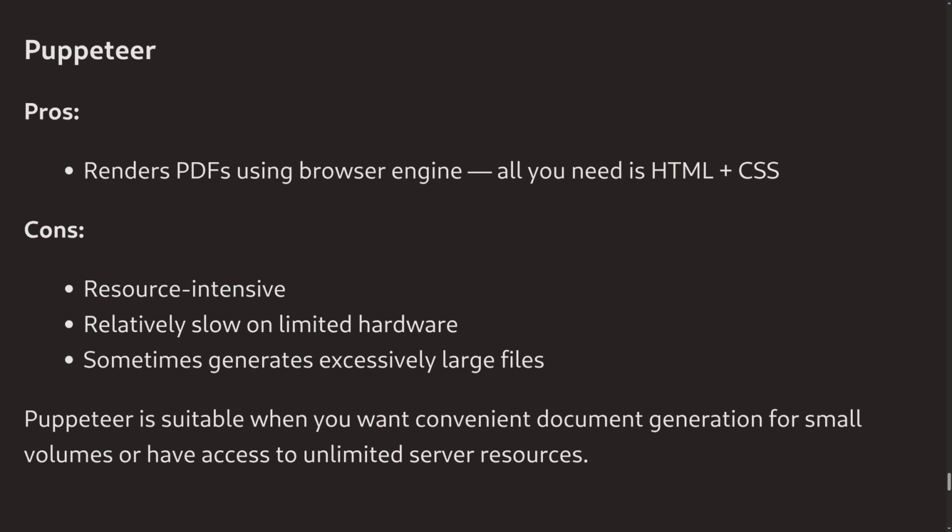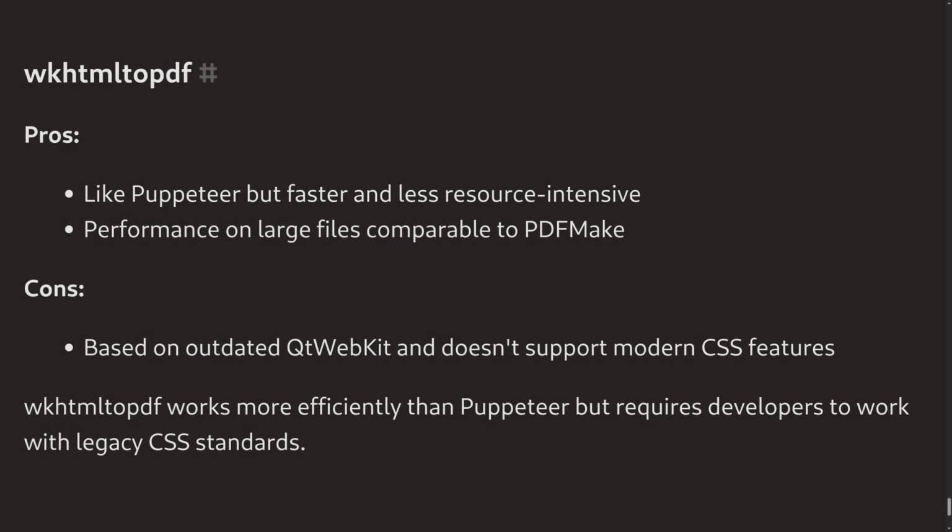It's also acceptable if cost is not a concern. But if you like how Puppeteer works but want to generate PDFs more efficiently, consider wkhtmltopdf. However, be cautious. It uses an outdated WebKit engine and the modern CSS features may not be supported.